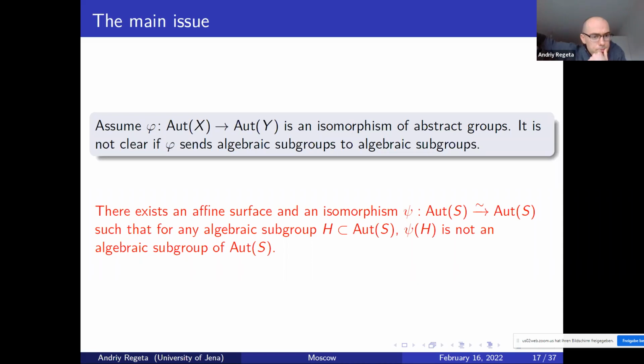Here is an example. There exists an affine surface S and an isomorphism psi from Aut S to itself, such that for any algebraic subgroup H in Aut S, its image is not an algebraic subgroup in Aut S. Moreover, the image of each algebraic subgroup is dense in Aut S. So this requirement which I had earlier on isomorphisms that preserve algebraic subgroups is essential, right?